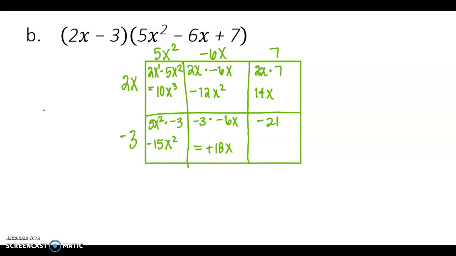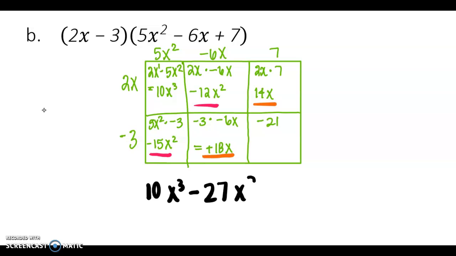All right, just double checking the diagonals. Yep, you could add those two together, and then you could add these two together. All right, so we're going to go ahead and combine those. So the first one is going to be 10x to the third, and then we're going to go ahead and combine those red ones. So negative 12 plus negative 15 is going to be negative 27x squared.